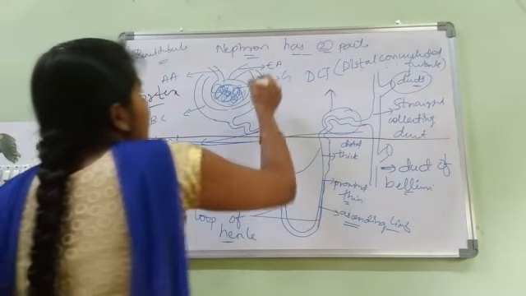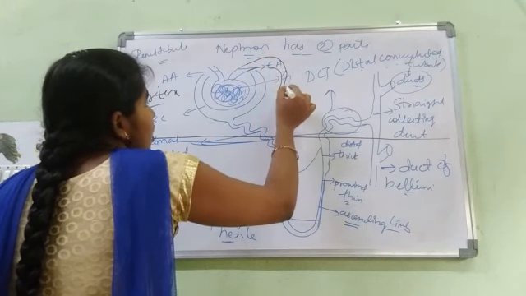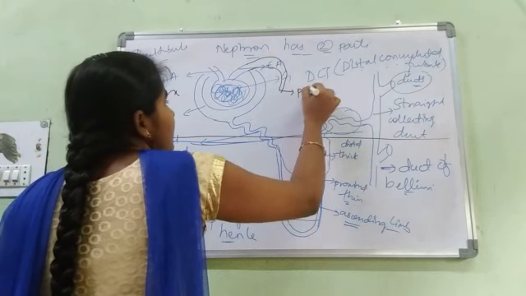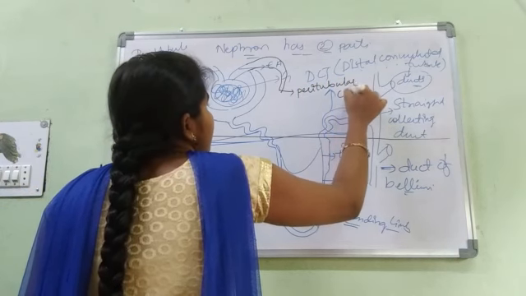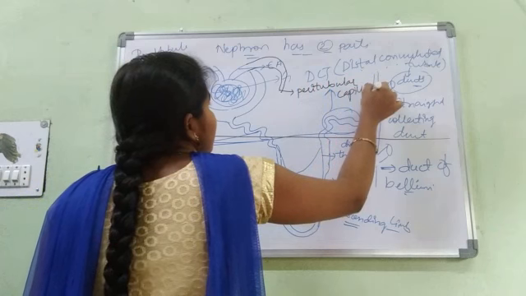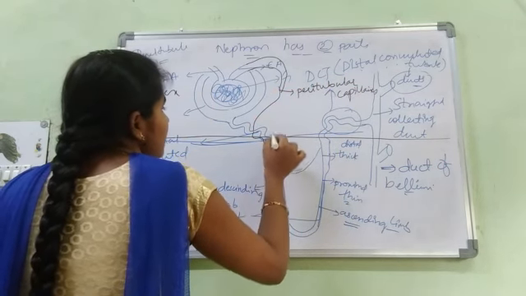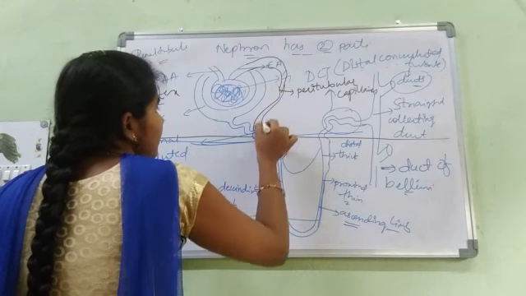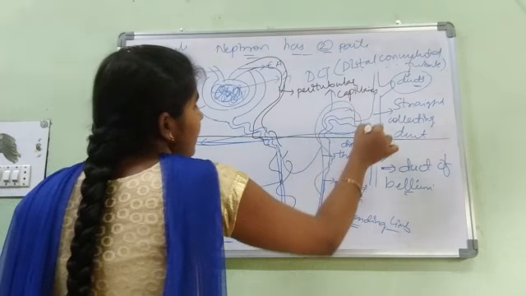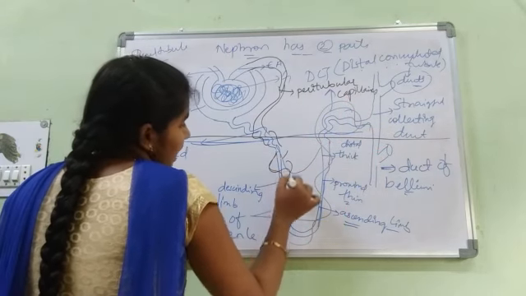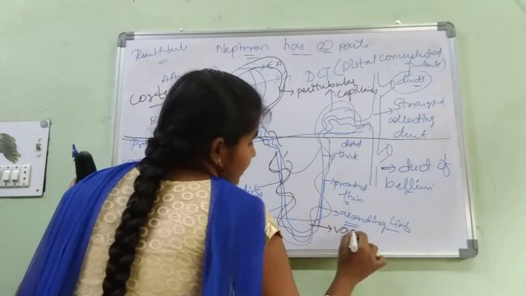And the efferent arteriole arises as small capillaries called peritubular capillaries. These peritubular capillaries run around the PCT, DCT and all. The peritubular capillaries around the loop of Henle are called vasa recta.